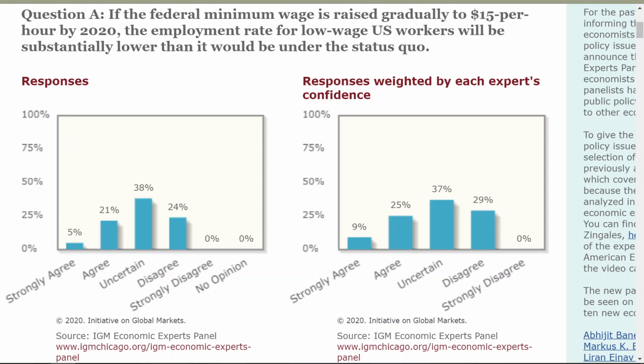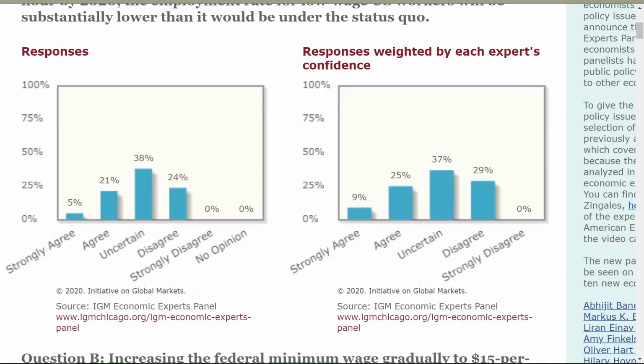It's primarily uncertainty with pretty equal levels of agreement and disagreement on both sides. So like I was saying, labor markets are very complex, and there's more analysis to it than just a very basic supply and demand framework. And so yeah, this site is great.